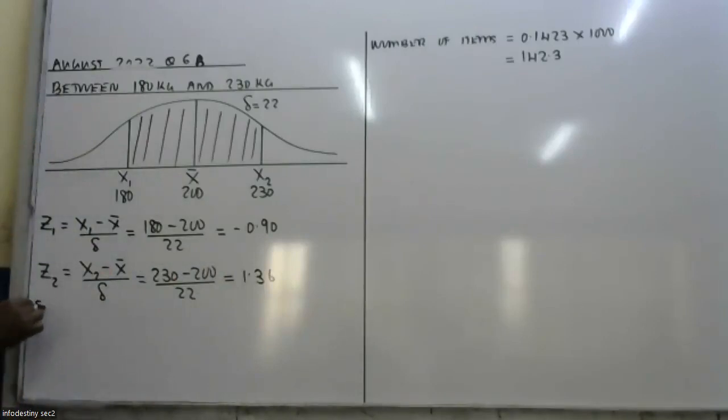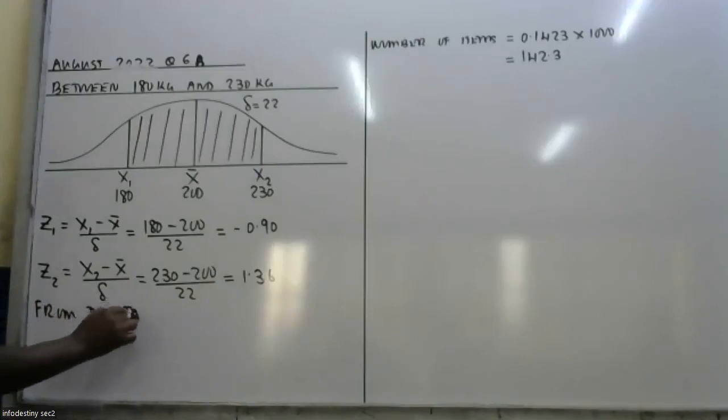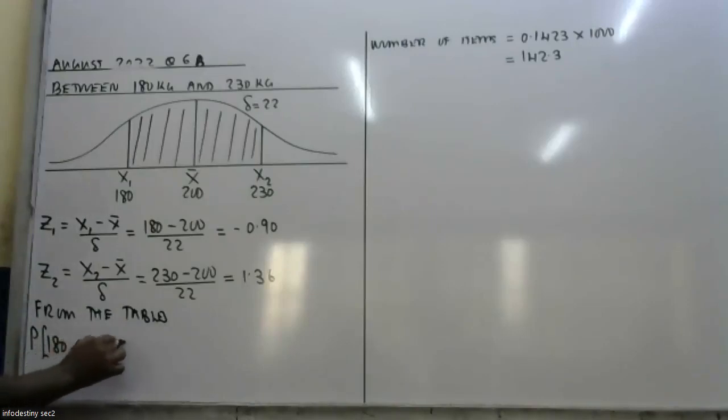So from the tables, the probability that we are between 180 and 230.